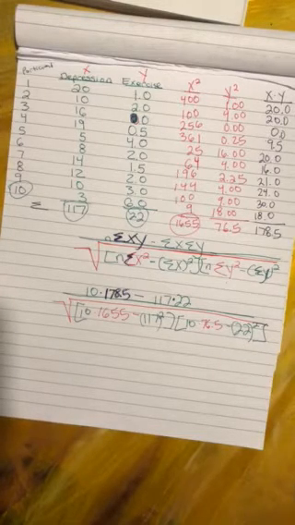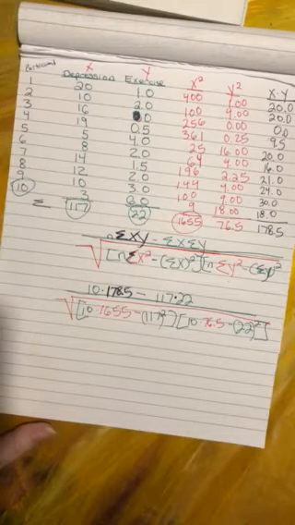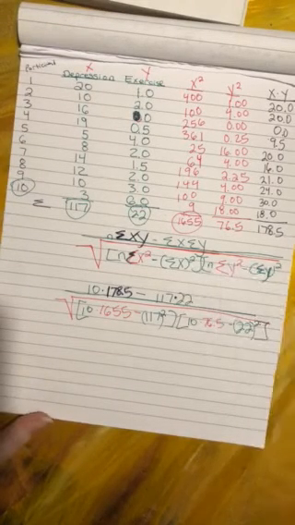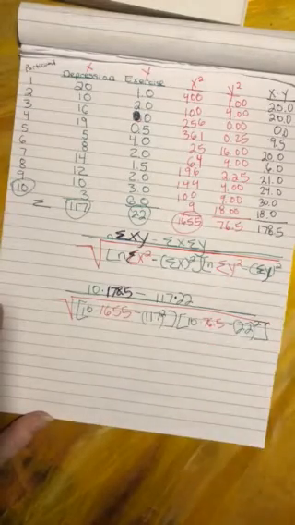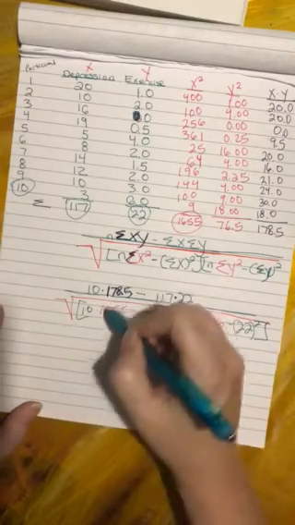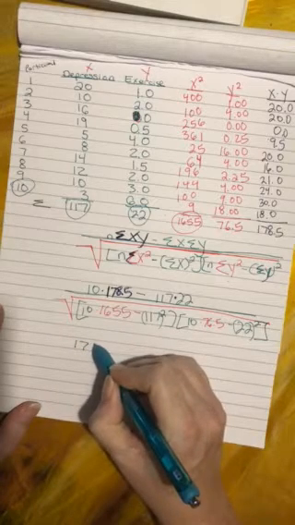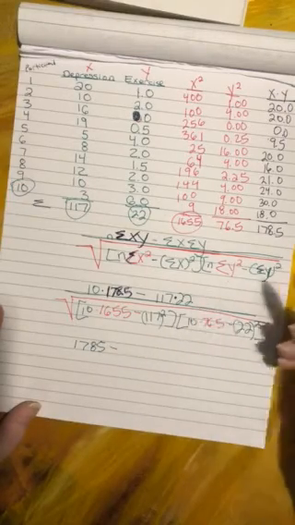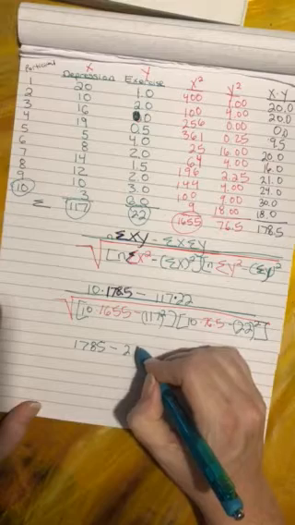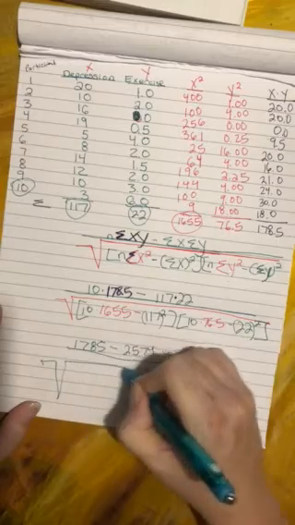Okay. So now we've plugged in our numbers. Now we just have to multiply it all out. So, when we multiply 10 times 178.5, we get 1,785, of course. 117 times 22 is 2,574, over the square root.